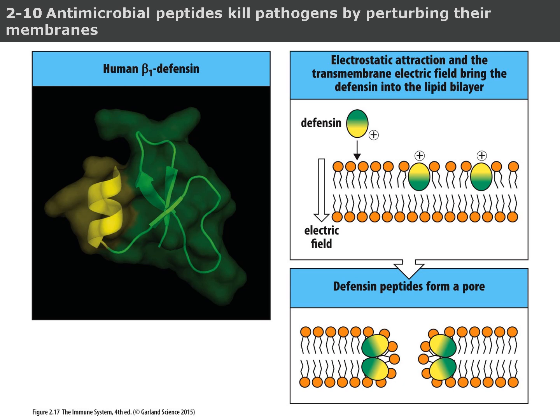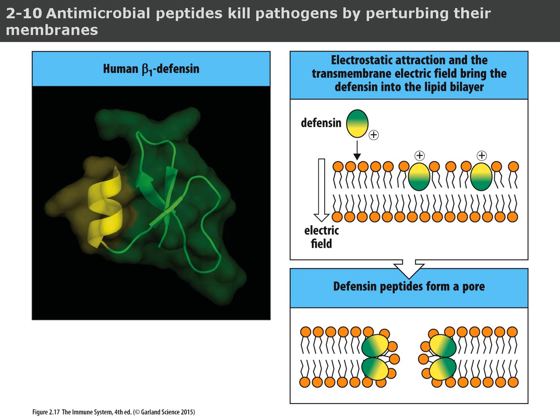On the right, the diagram demonstrates how defensins are drawn toward microbial membranes through electrostatic attraction. Because defensins are positively charged, they are attracted to the negatively charged outer surfaces of microbial membranes. A transmembrane electric field helps pull the defensins into the membrane's lipid bilayer.